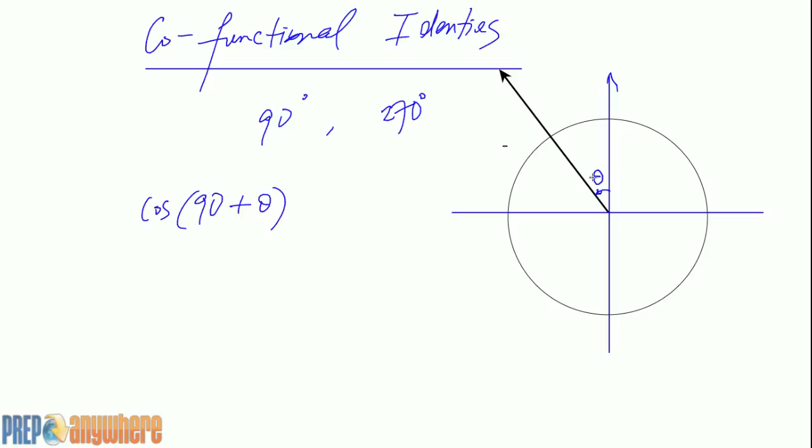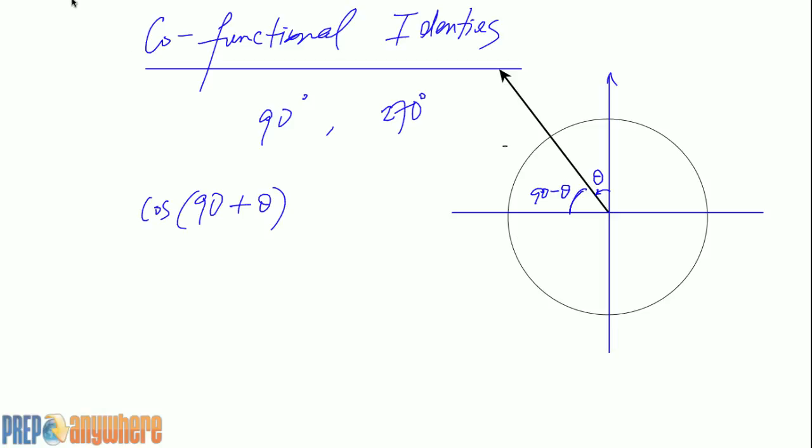So it's not really a relative angle, right? If it was 180 plus theta or minus theta, the theta was on the x-axis, right? But now it's off the y-axis. So this is not good. The relative angle of theta is 90 minus theta.